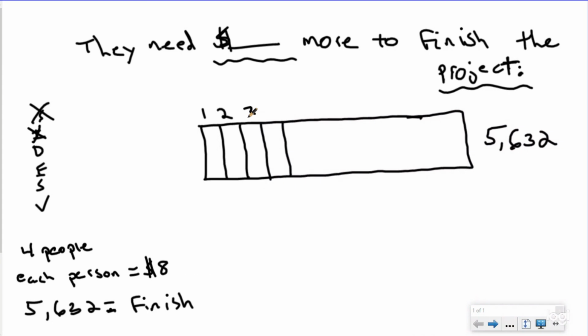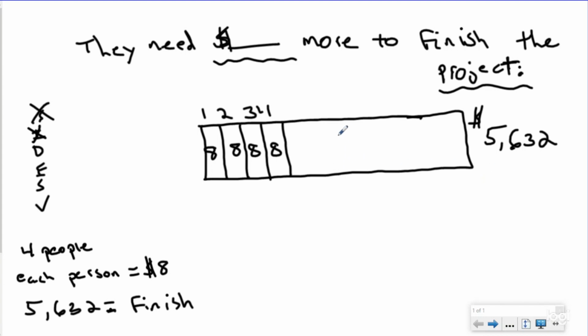So 1, 2, 3, 4 people, and each of them has $8. Now I can double check my tape diagram makes sense, because if the total is money, the parts also have to be, and I can see that this is $8. So if I have $8, $8, $8, the parts are dollars and the total's dollars, which makes sense.